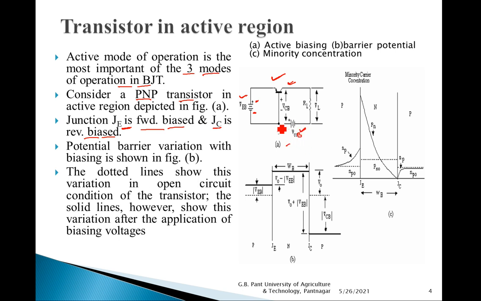Now what will happen with the connection of these biasing voltages? What will happen to the barrier potentials?